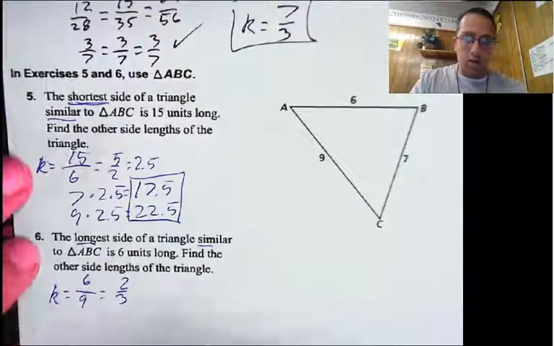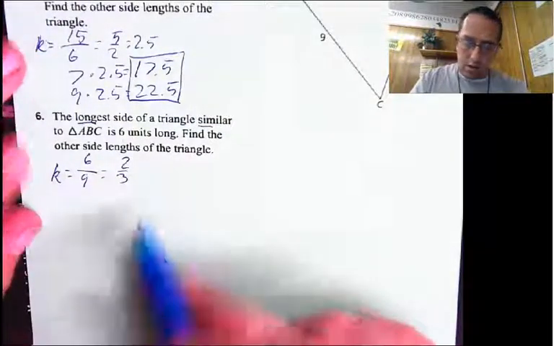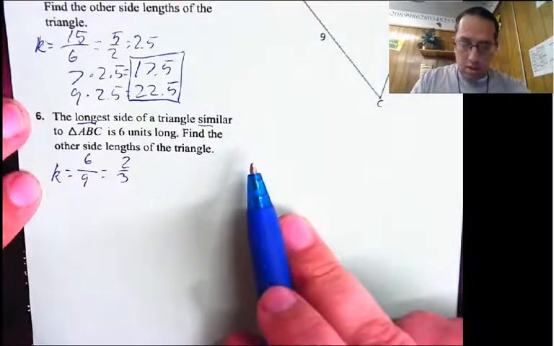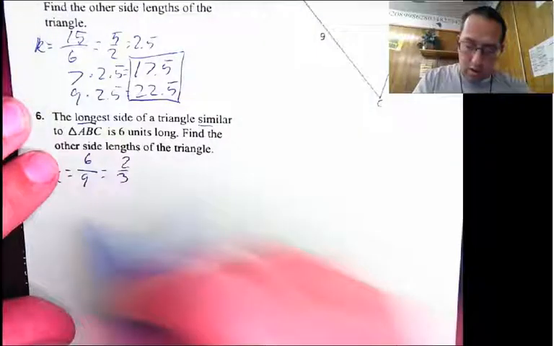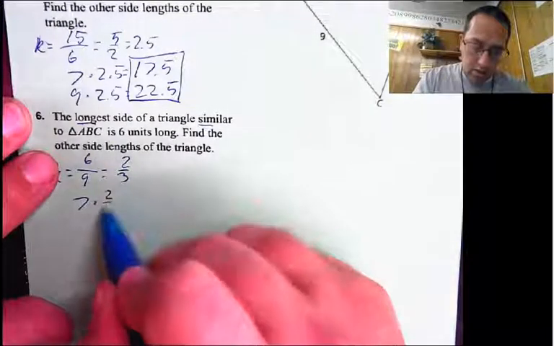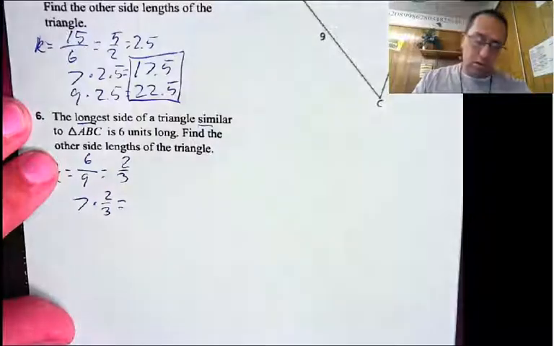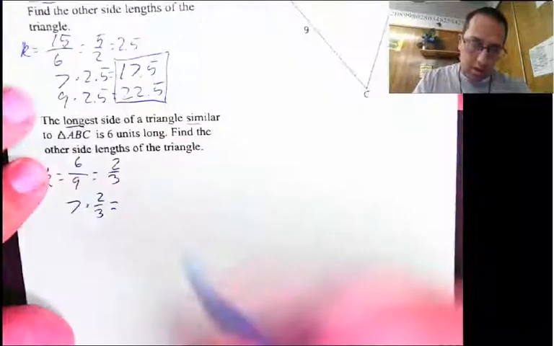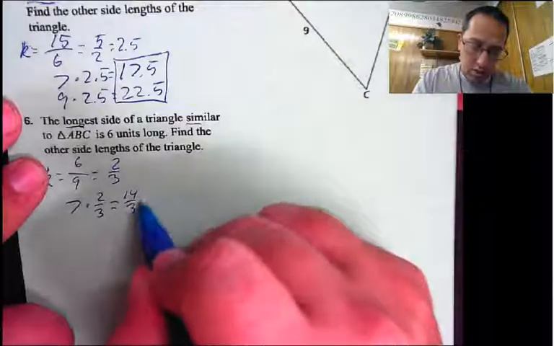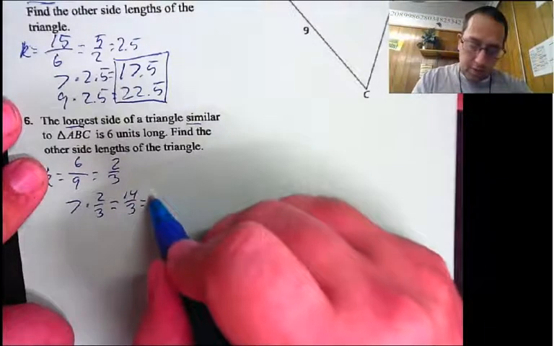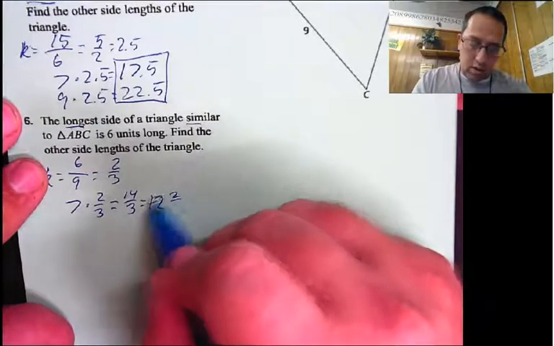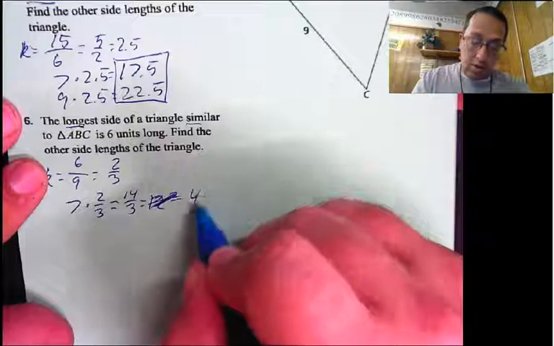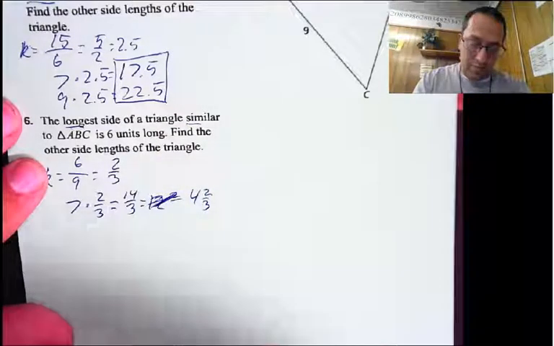I'm not going to write that one as a decimal, because it goes on forever. It's 0.66666666666 on and on it goes. So let's set up our other sides. Let's go with 7 times 2/3, which is going to be 14/3, which is 4 and 2/3.